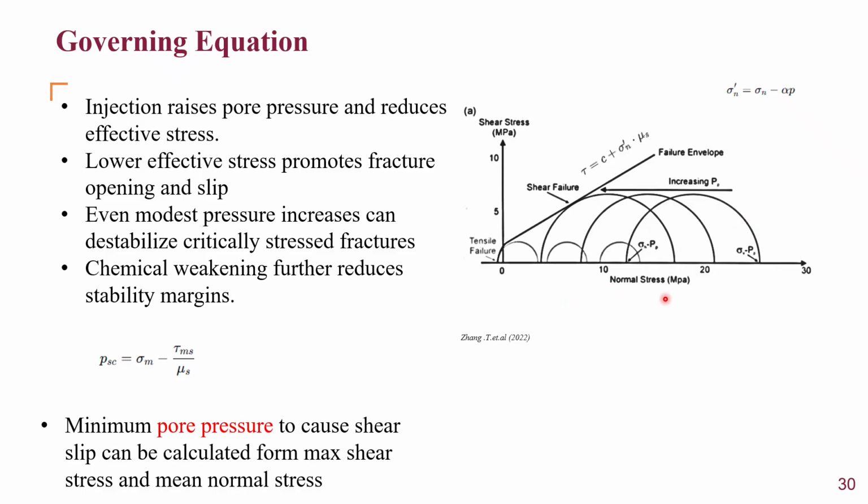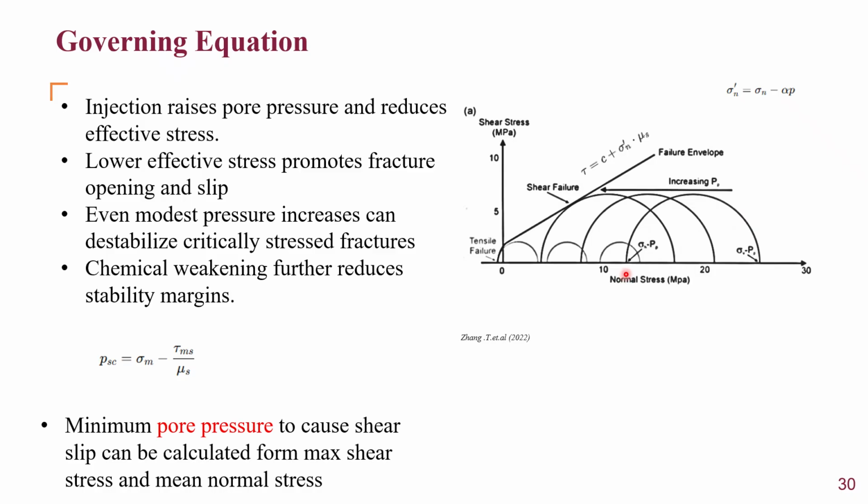So, at lower effective stresses, there's more promotion of fracture opening and slip, which means that even at moderate pressure changes, when the Mohr-Coulomb failure curve or the failure envelope has shifted to the left, the formation can be destabilized, and then the critically stressed fractures can also destabilize.